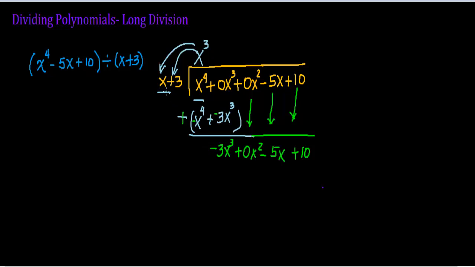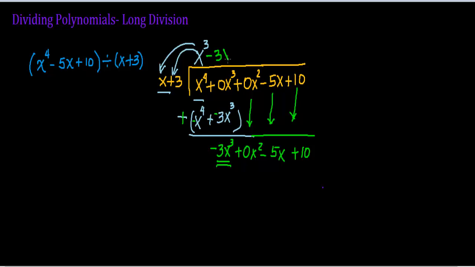So I look at the first term in the divisor and the first term in this subtraction, and I ask, x times what will give me negative 3x to the 3rd power? So I know if I have x and I want to get negative 3x, I have to multiply by a negative 3. That'll give me negative 3x, but I want x cubed.